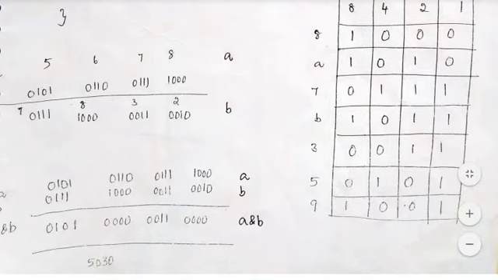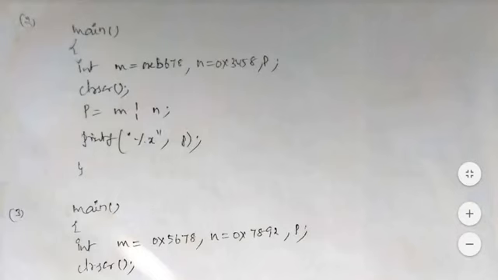Now whatever the output is, you convert it back to decimal. So 0101 is 5, 0000 is 0, 0011 is 3 and 0000 is 0. So here the output is 5030. No confusion regarding any conversions. You can try this on your own.